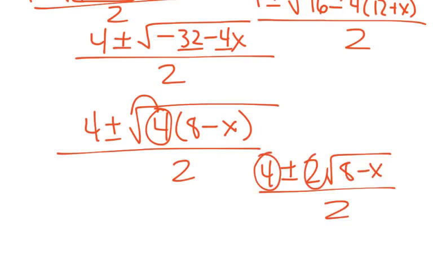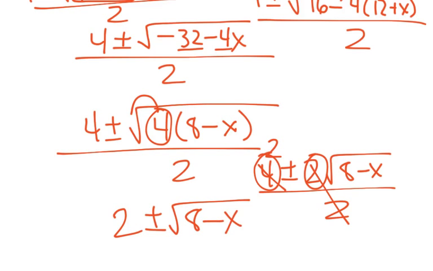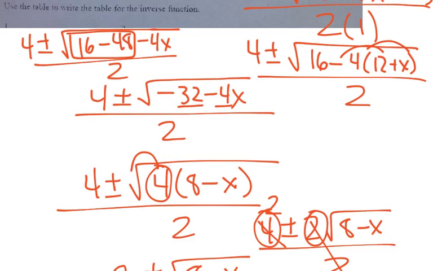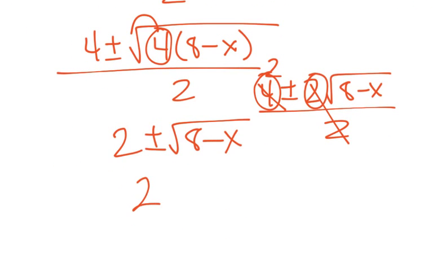Then since we share a 2 up here, those would cancel. So we get 2 plus or minus the square root of 8 minus x, which, since they wanted x to be greater than or equal to 2, would just be 2 plus, not minus, the square root of 8 minus x. That would be our inverse.